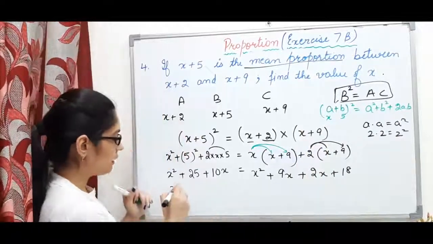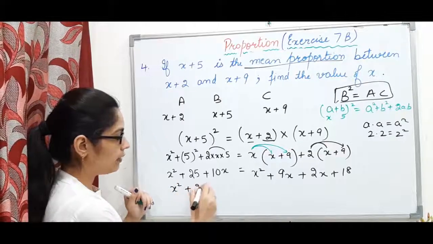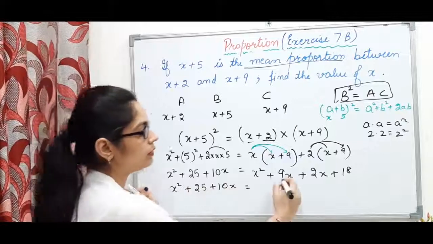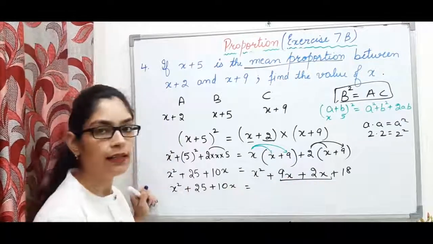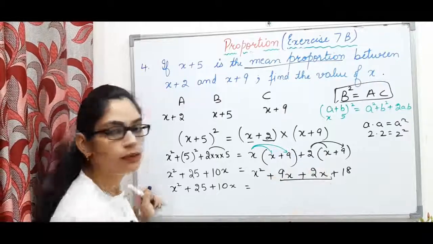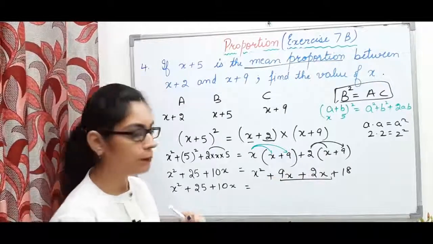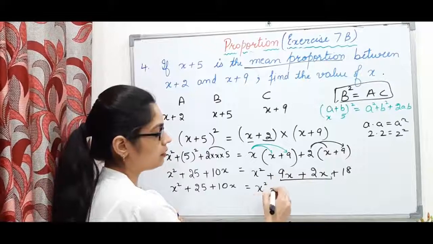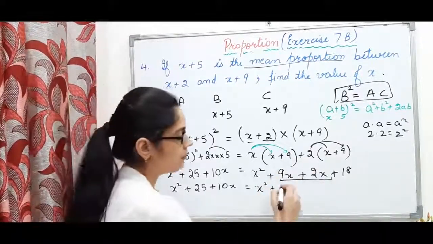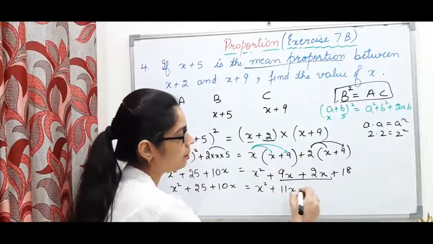Now, we can solve. x square plus 25 plus 10x is equals to, see these two are like terms, 9x plus 2x, with both the numbers 9 and 2, x is written. So, that means these are same terms. So, same terms can be added or subtracted. 9 plus 2 is 11, x as it is, plus 18.